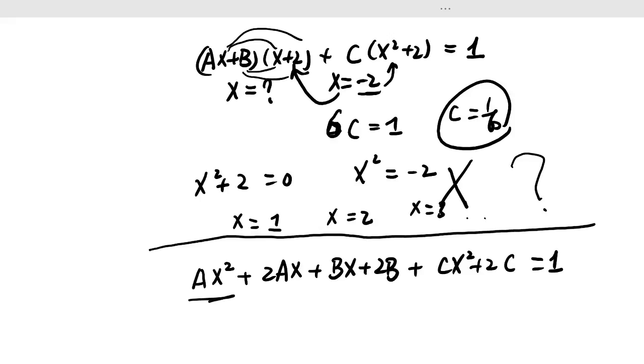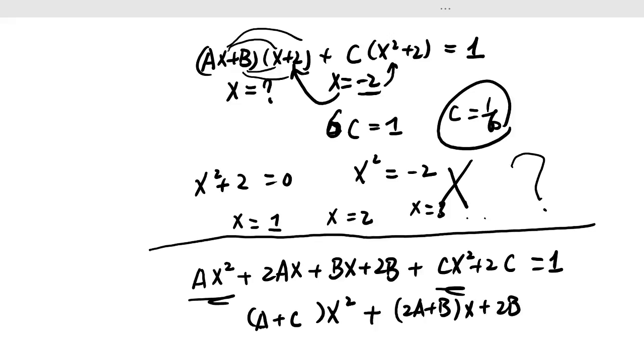So now I combine the x squared terms: a plus c, x squared, plus 2a plus b, x, plus 2b plus 2c equals 1.